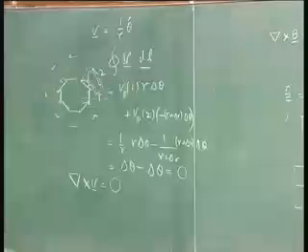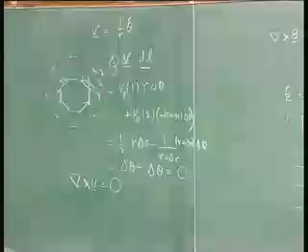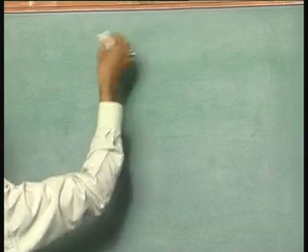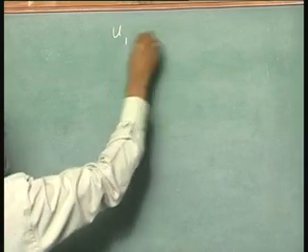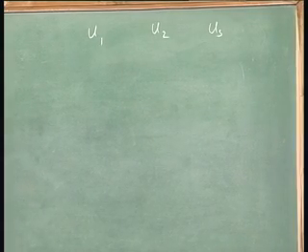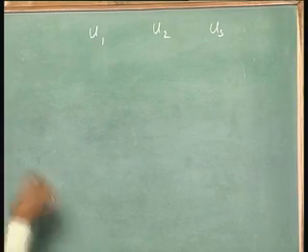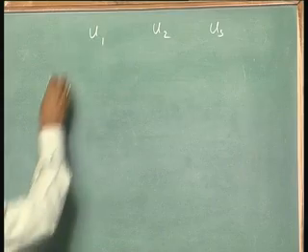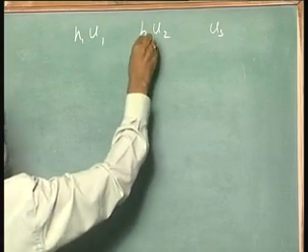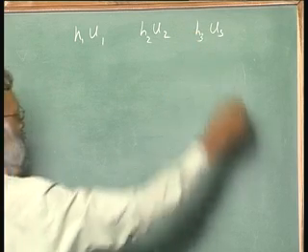Appendix A in your textbook gives you the answer. Supposing you have, I have introduced this idea before, but I will repeat it, instead of x, y, z, I am going to call them u1, u2, u3, and dl along u1 is h1 delta u1, this will be h2 delta u2 and h3 delta u3.